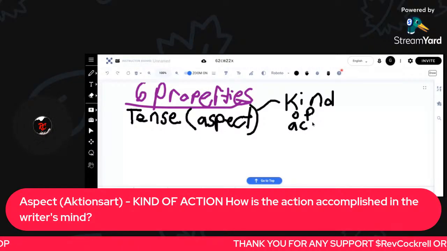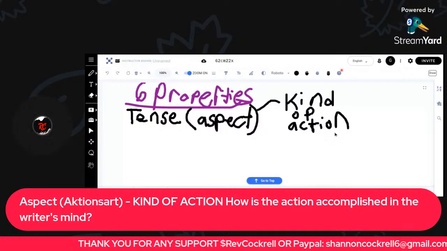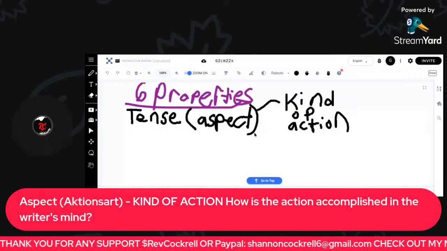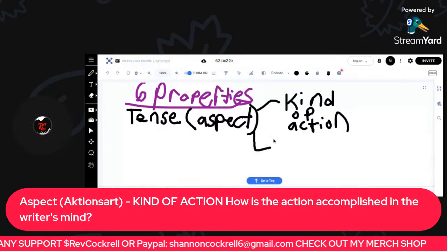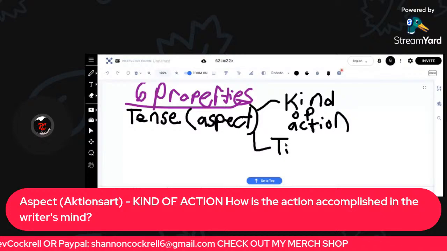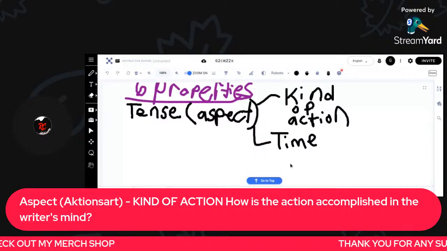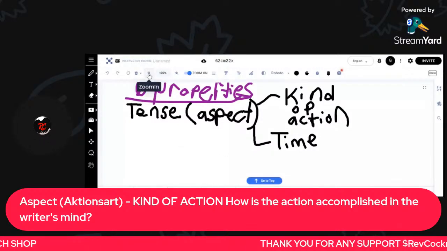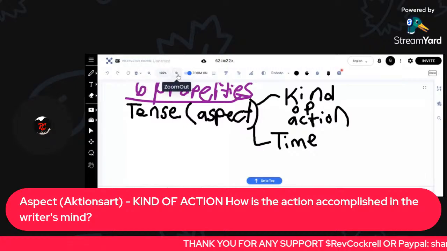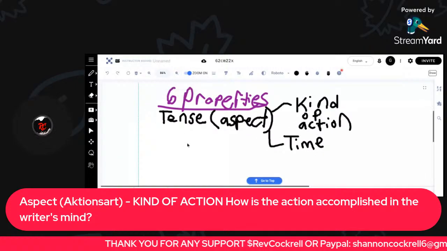What kind of action is happening? What's the portrayal? So yes, tense deals with kind of action and time, but time is not the most important thing when we deal with Greek verbs. It's really what kind of action we're looking at. That's what's important with the Greek verb.